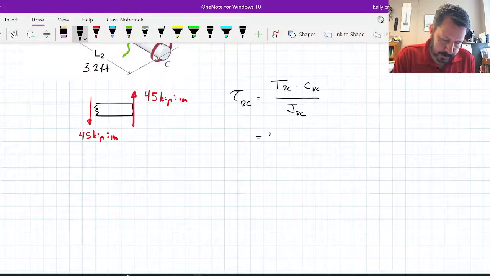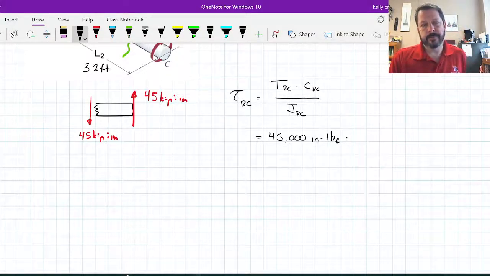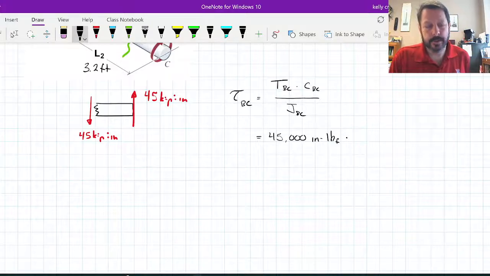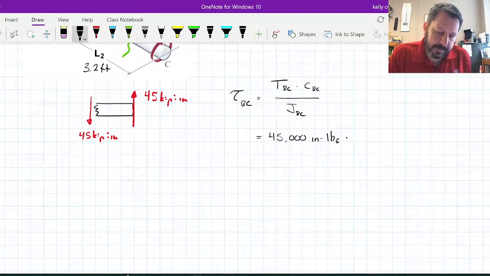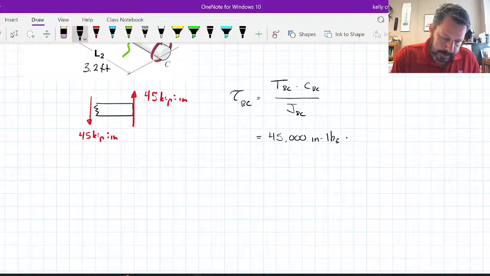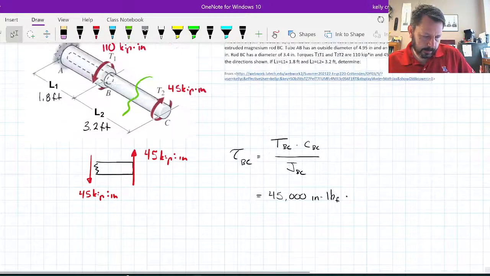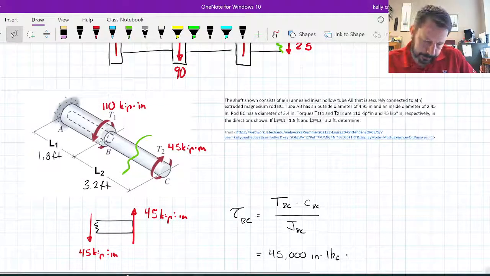The torque in there is 45,000 inch-pounds. I'm putting in the 45,000 for the kip. If I left it in kip instead of pounds, then my answer would come out in ksi, which would be fine. C is, let's see, where are my dimensions for this?